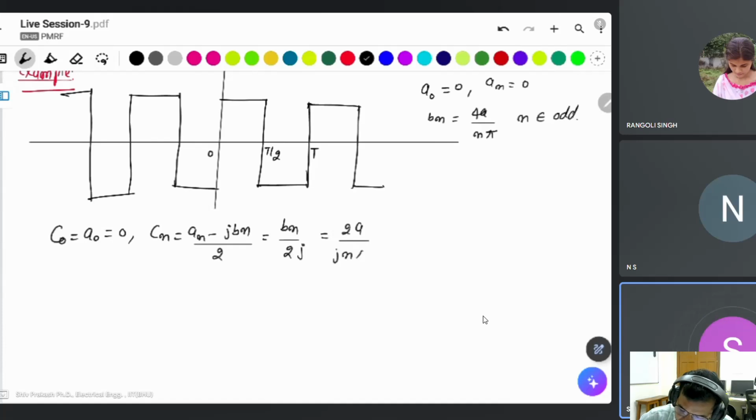The 4 will be cancelled out by 2, so this is 2 only, and present for odd only.